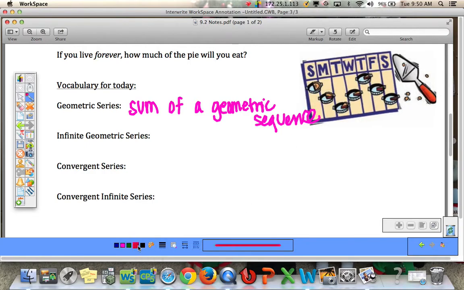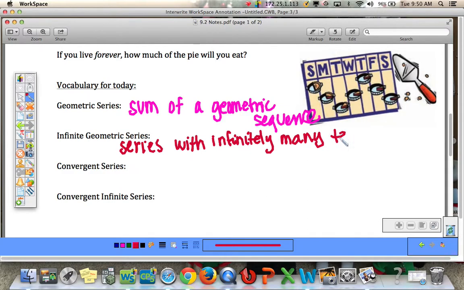An infinite geometric series is a series with infinitely many terms like the pie problem. We could just keep multiplying by 1/2 every time and it would keep going.